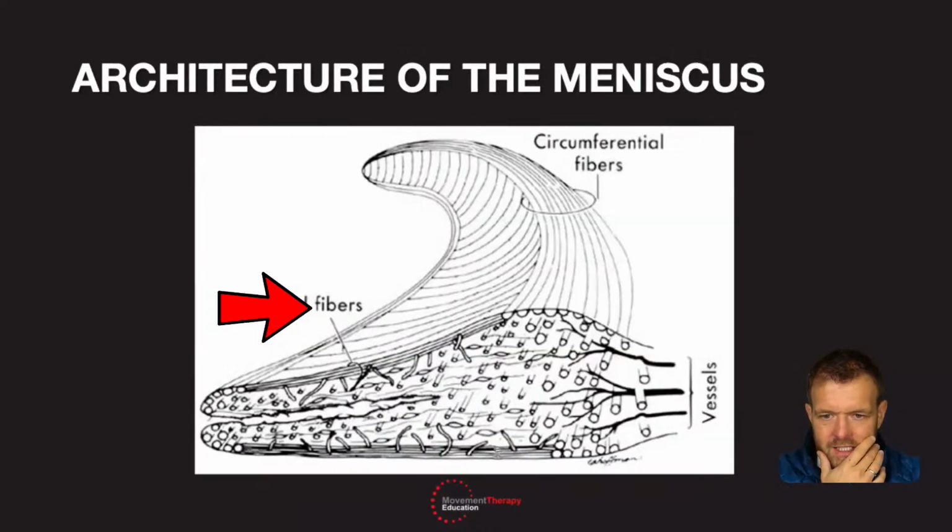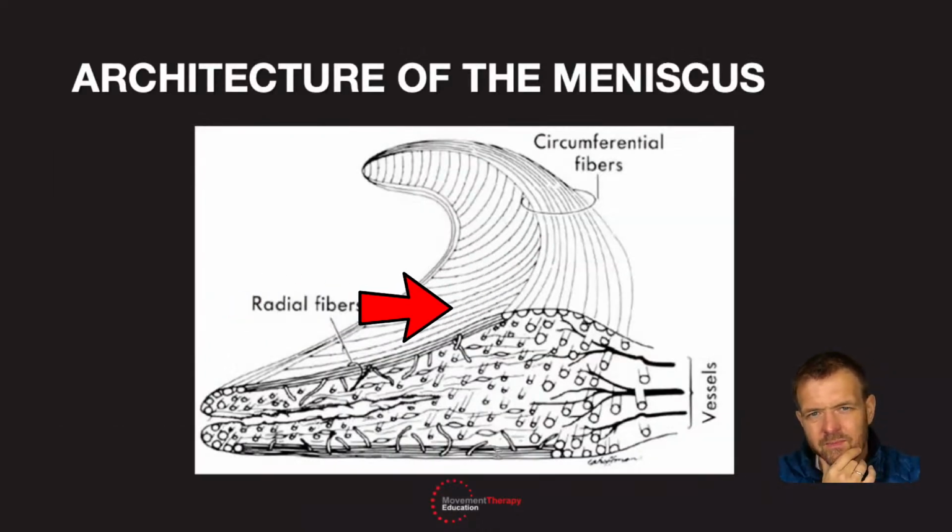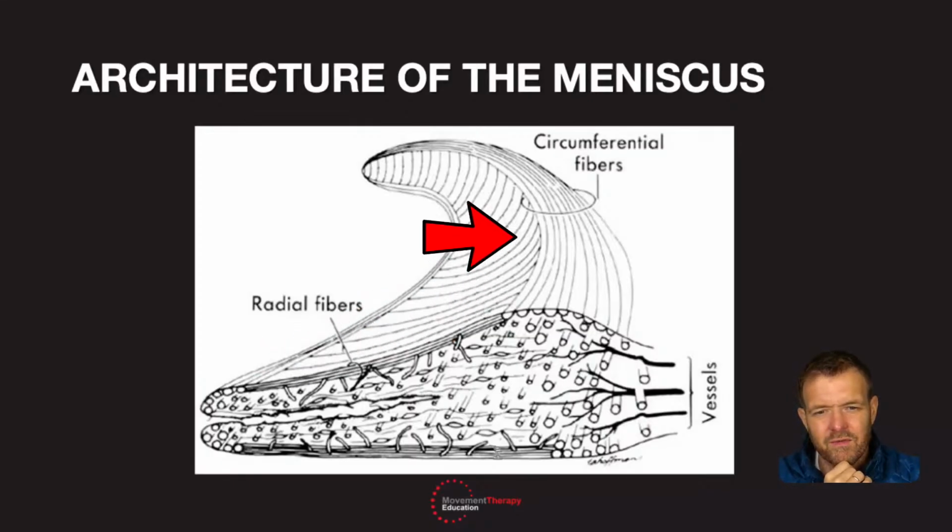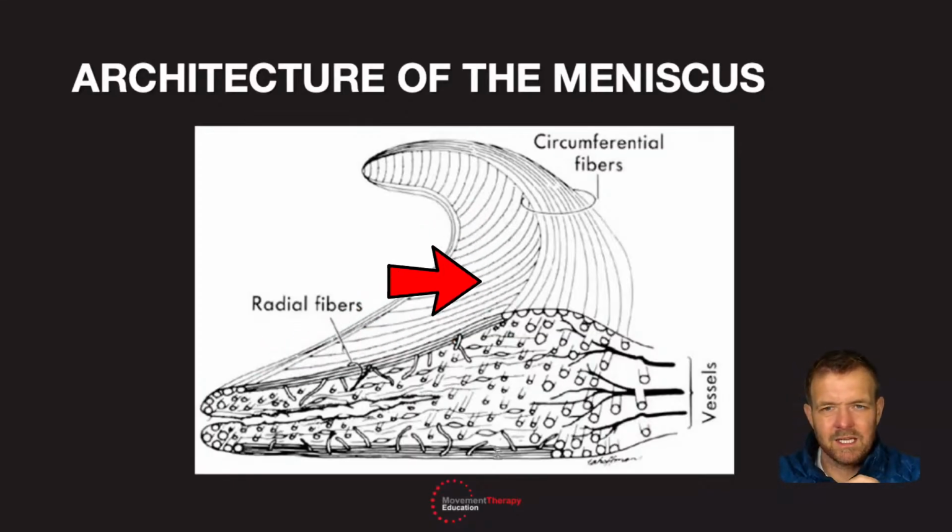And this as well. The purpose of this picture is to show you the different fiber directions of the meniscus. Obviously your knee twists and flexes and extends, so the meniscus needs to have integrity in all different directions.